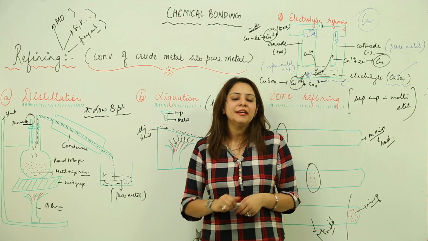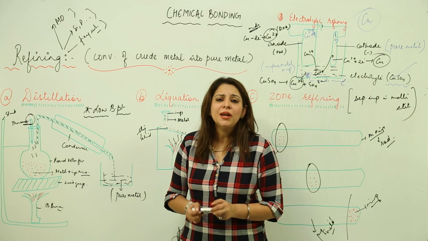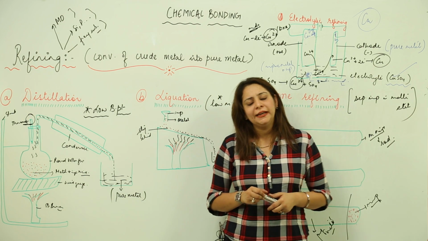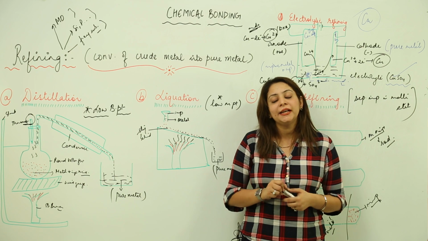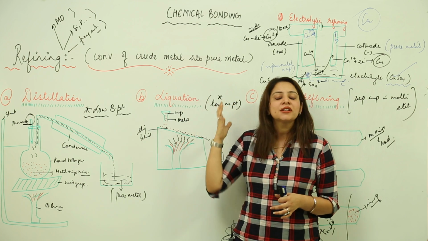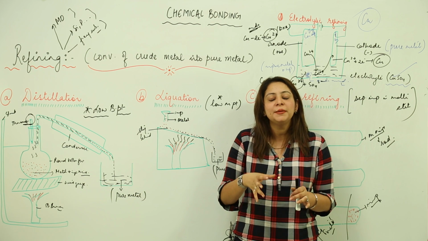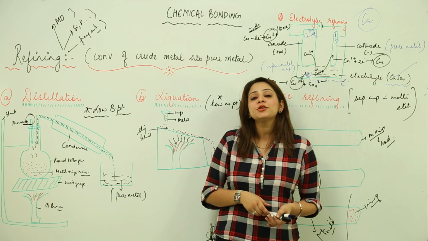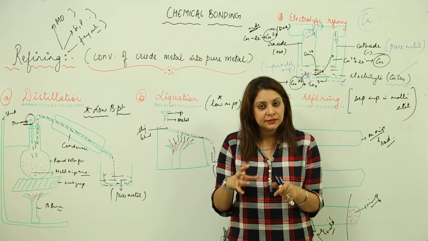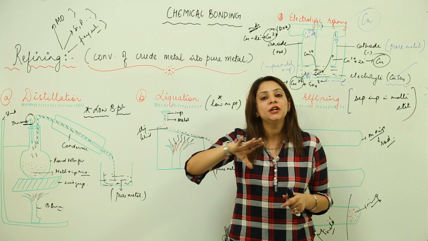One method is striking in my mind that I want to discuss with you, that is poling, right? Poling is also one of the methods of refining. Poling is employed where there is an impurity present in the mixture as a metal oxide. So what you do is take the metal and impurity mixture on a hearth, heat it and then stir it with a log of wood.